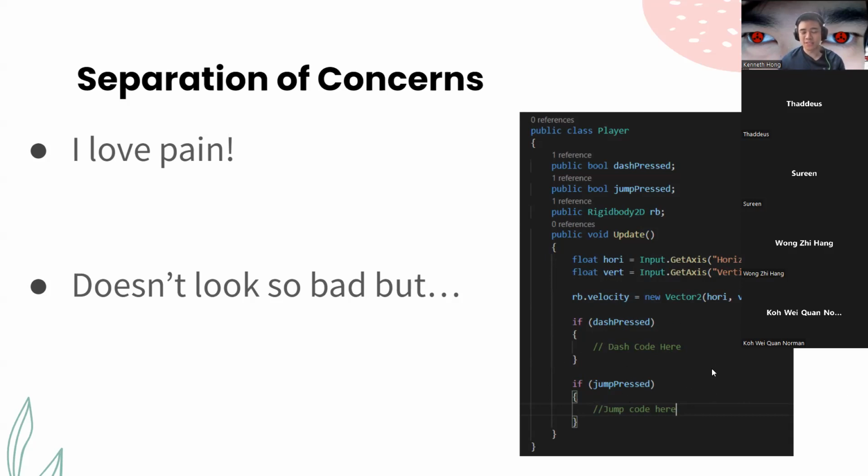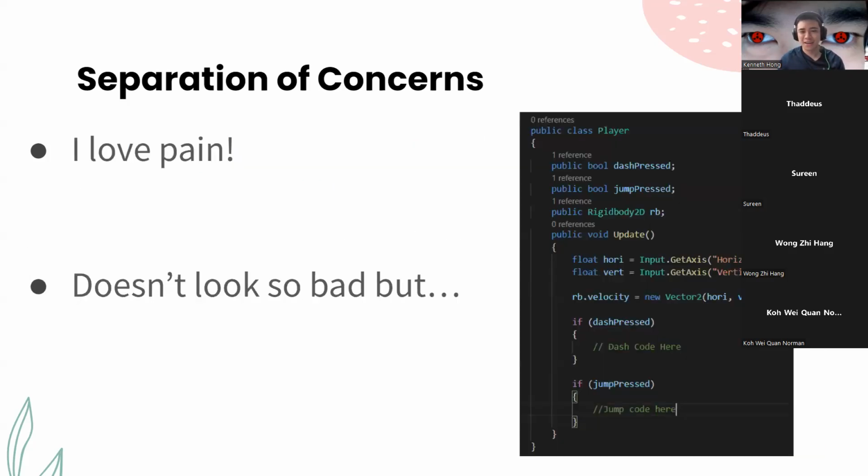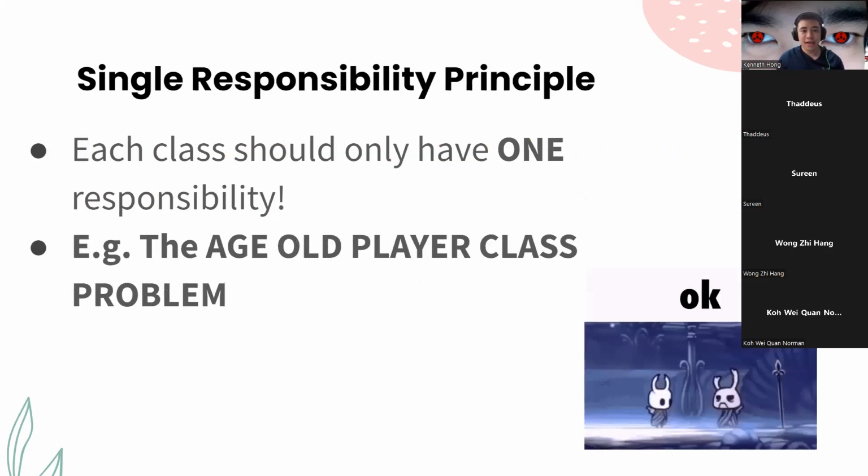For example, you can see a version of this using this link that I'm going to provide, for one of my script libraries. Basically, you might want to break all these if checks up into their own functions and call the functions instead, so it lets you read code more cleanly. You can see this on your own time after the talk.